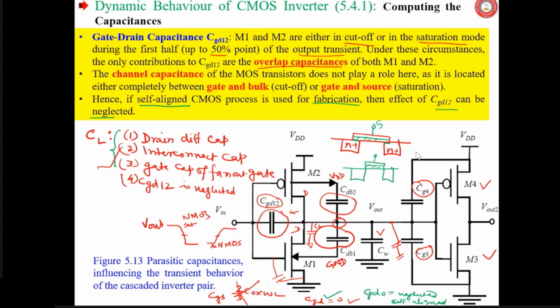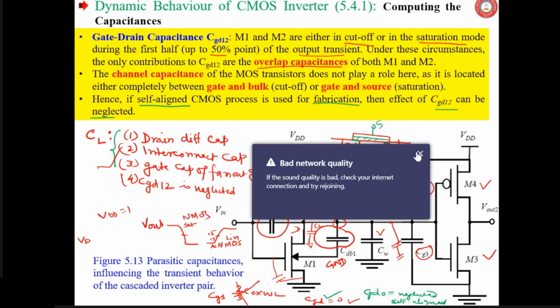But before that, what is the region? It is linear or not? See, VM means, say, I'm considering VDD equals 1 volt. So VM means 0.5. Linear region.